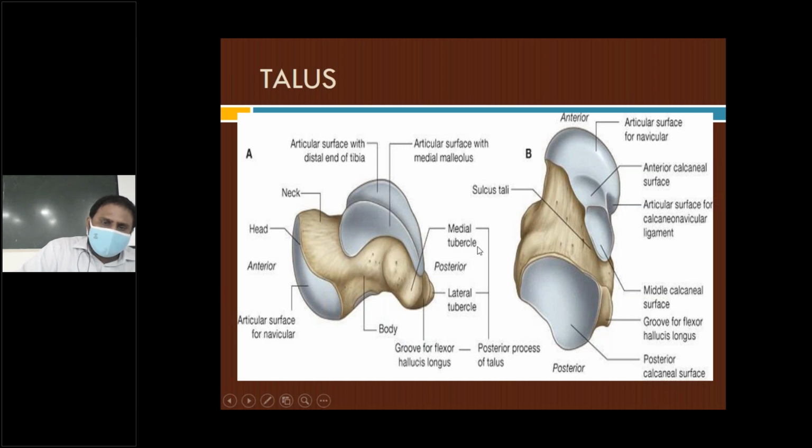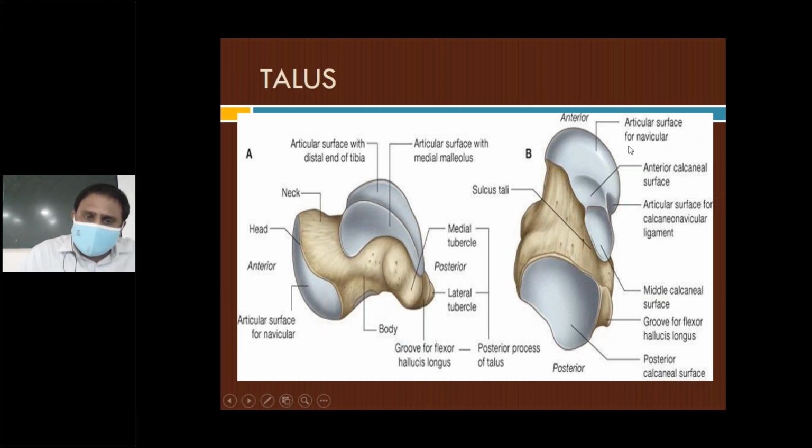There is a medial tubercle and a lateral tubercle, and a groove for flexor hallucis longus. Posteriorly it articulates with the calcaneal surface, with medial and anterior calcaneal surfaces and a surface for the calcaneonavicular ligament, articulating with the navicular.